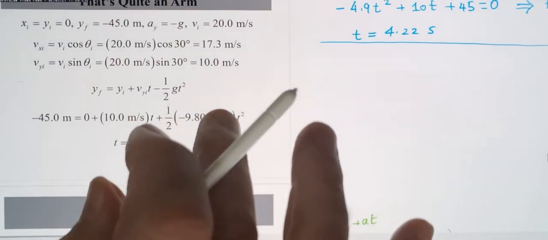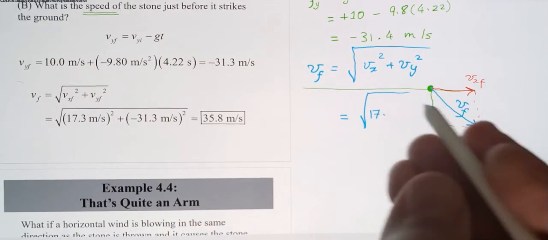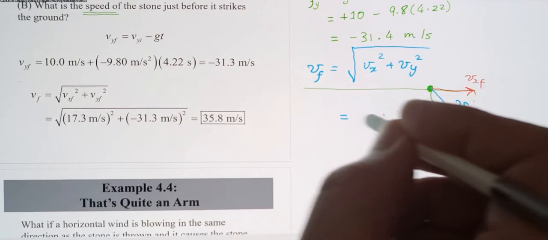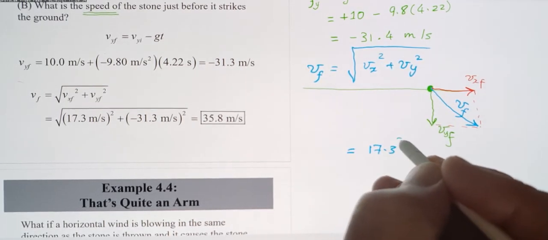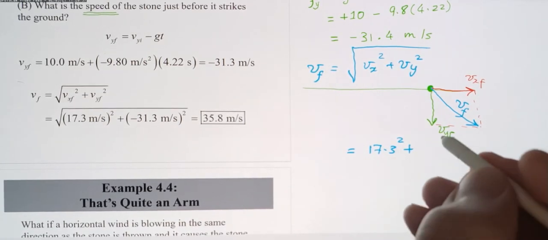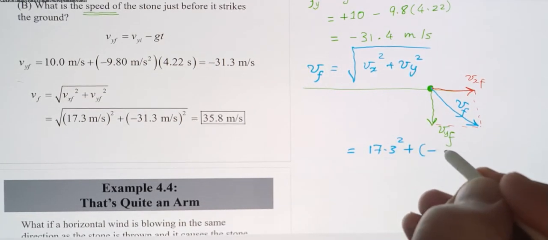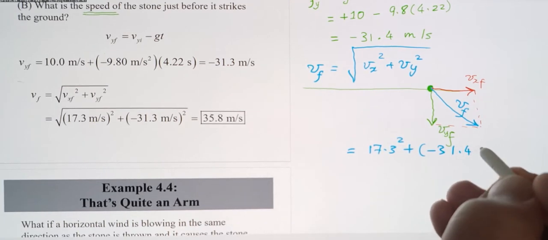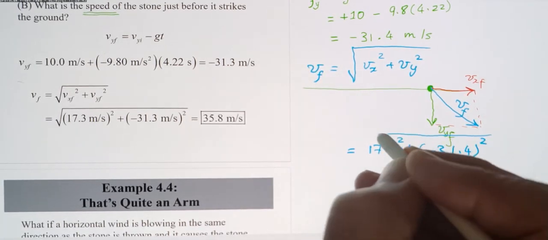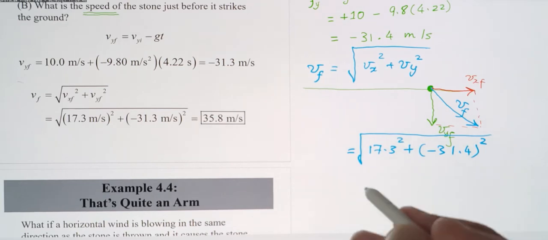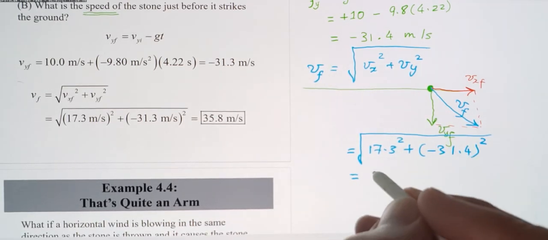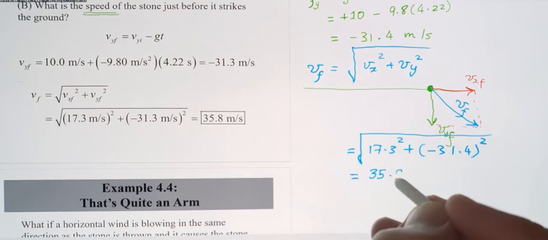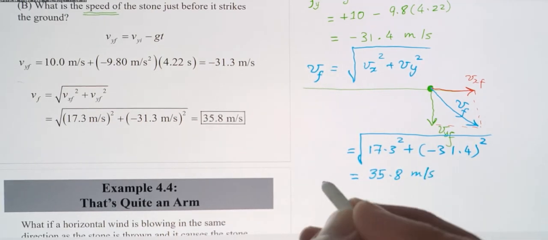What was the value of vx? 17.3. Plus minus 31.4, squared. And if you do the calculation, you will get 35.8 meter per second.